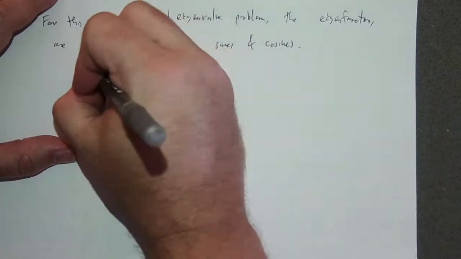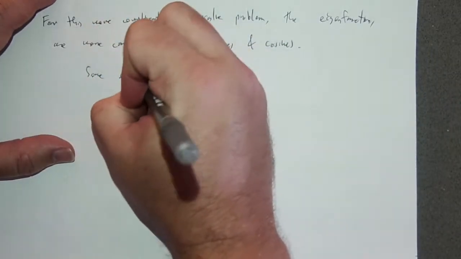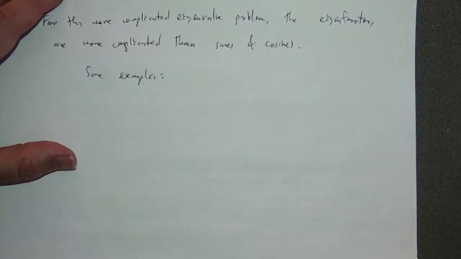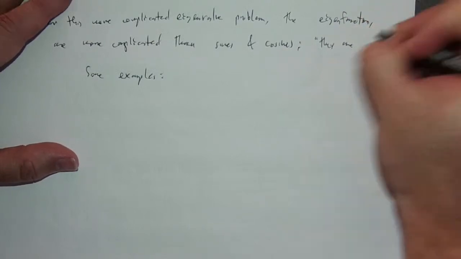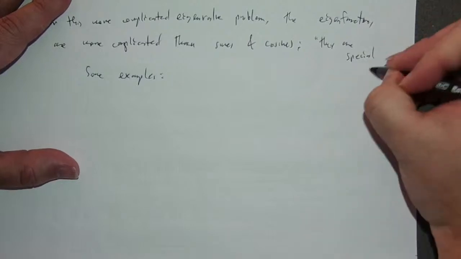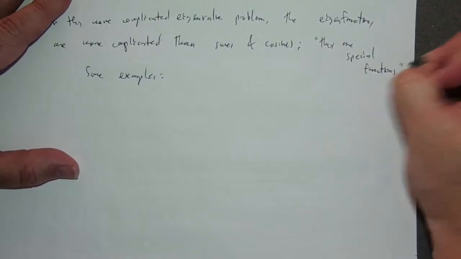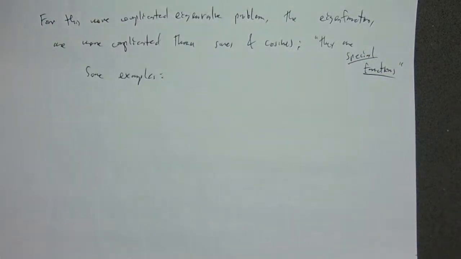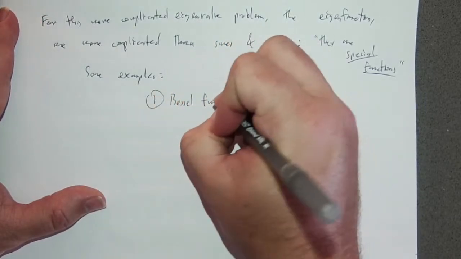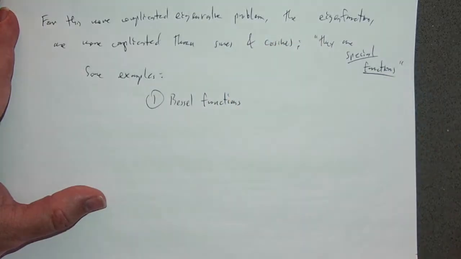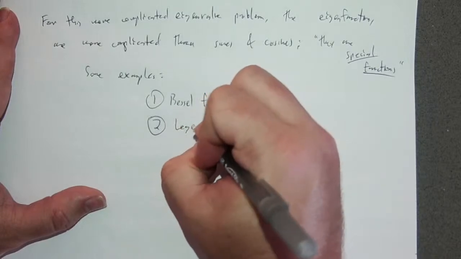Okay, some examples of these types of functions. So they are special functions, functions that have names but are not sine and cosine. One example is what's called Bessel functions. Another example is what are called Legendre polynomials.